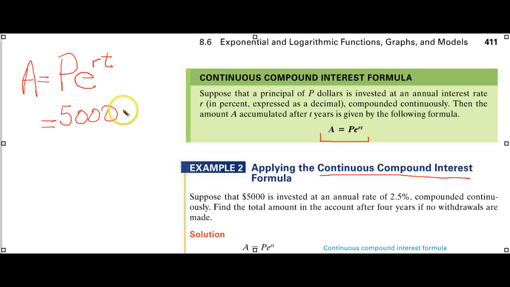Now, you're going to put into your calculator the letter e, and you're going to raise that letter e to the rate, which we said is 2.5%. We have to put that in as a decimal, 0.025, times t, which is going to be for 4 years.